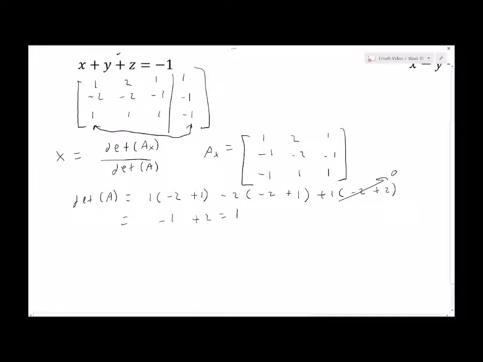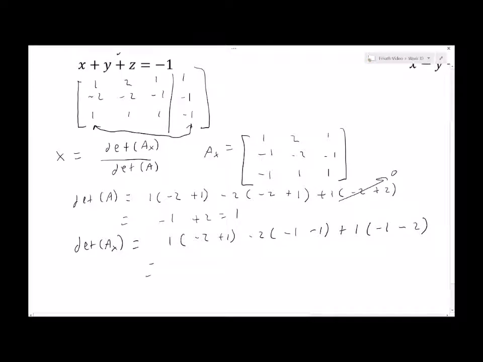Awesome. So now let's take the determinant of Ax. It'll be 1 times negative 2 plus 1, minus 2 times negative 1 plus 1, minus 1 plus 1 times negative 1 minus 2.